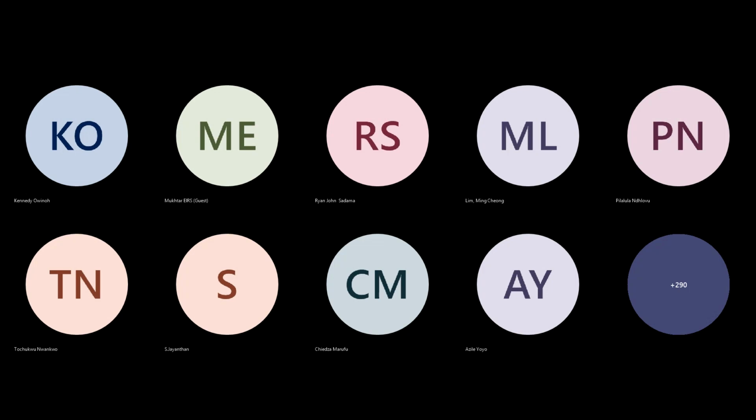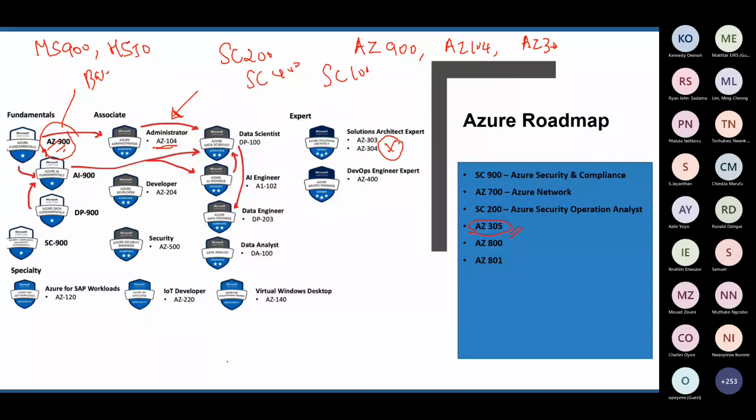Now, we understood before the break that there are many certifications available from Microsoft. Based on your job role, you can pick the right certification. So AZ900 is a system administrator training program. With the help of that, if you are in system administration or management, you can go for that.